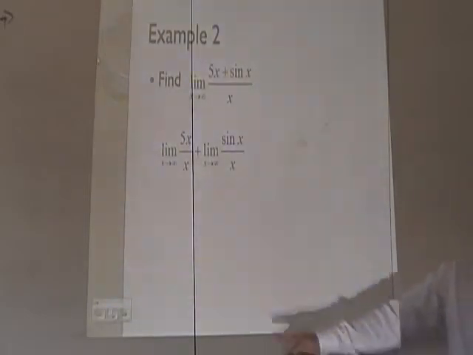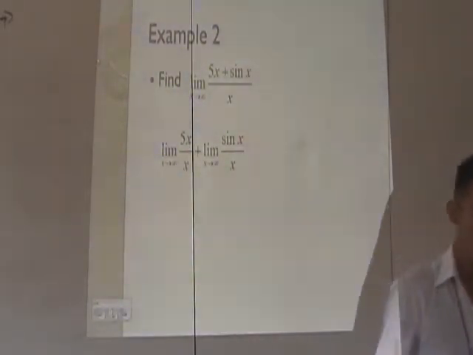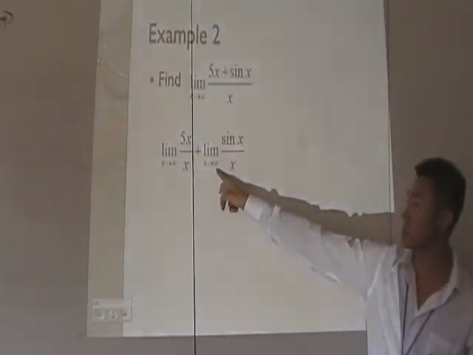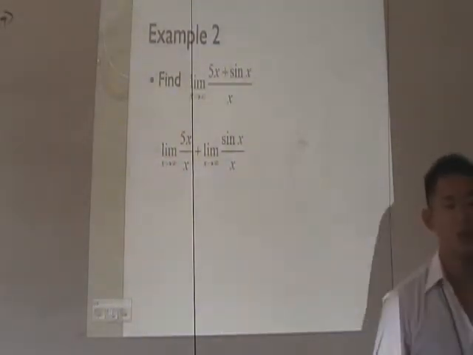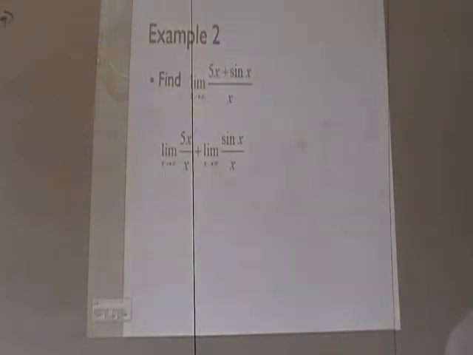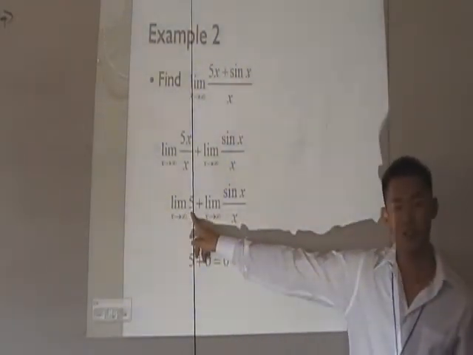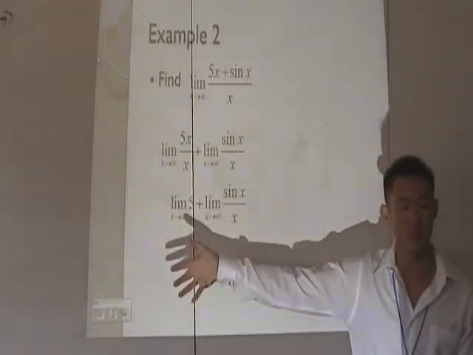Okay, what happens to the x's here? They cancel out. What do we know about the limit as x approaches 0 of sine x over x? 0. And then there's no x here, so the limit of just a number is just the number.